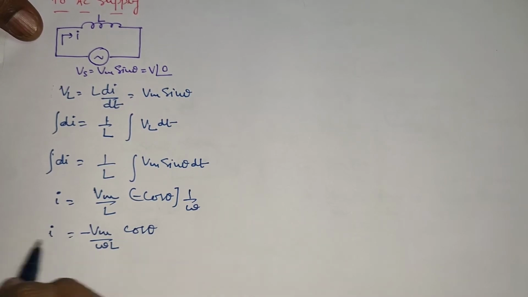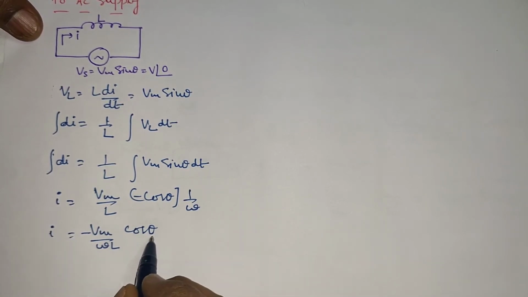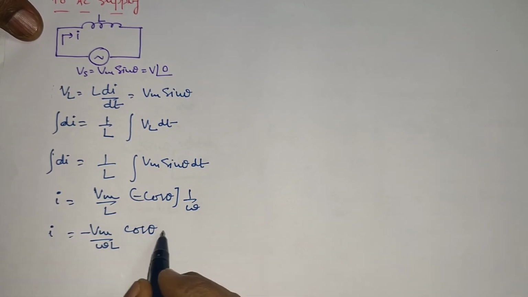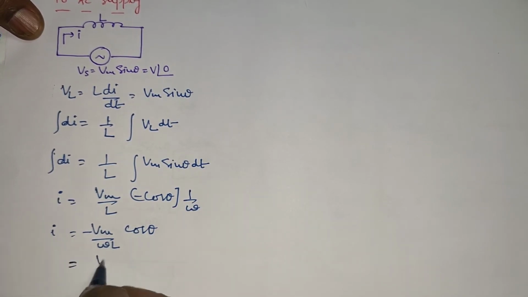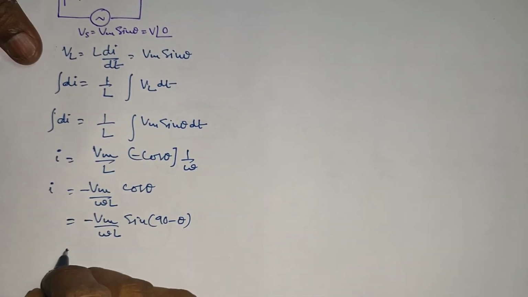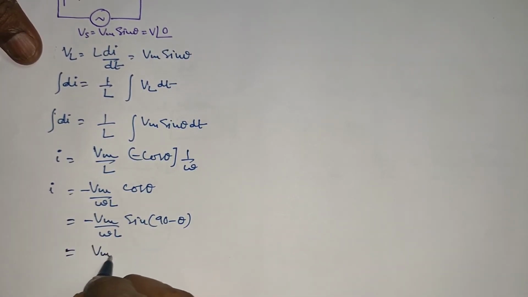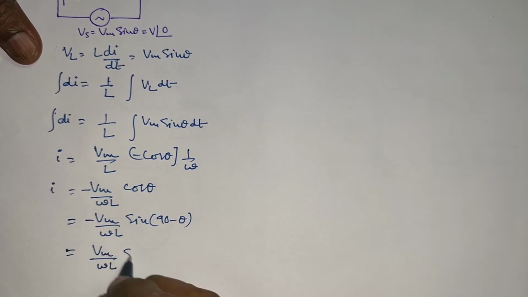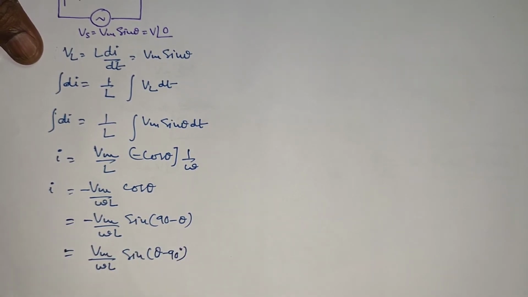We know that cos theta can be written as sine of pi by 2 minus theta, and when the minus is taken inside, it becomes Vm by omega L into sine of theta minus 90 degrees.